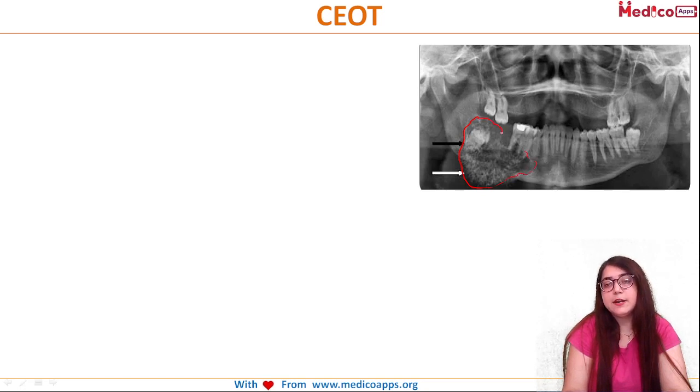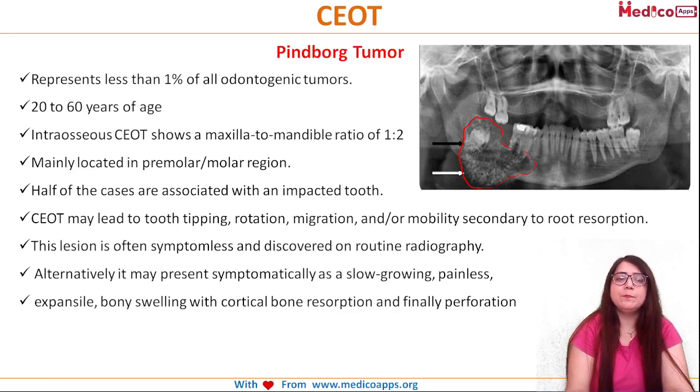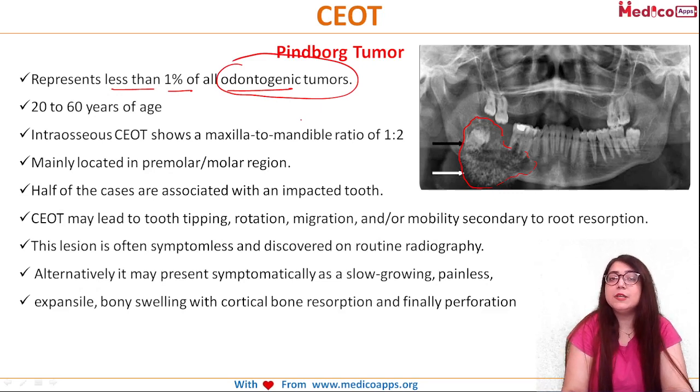Now let's see the radiographic characteristics of this tumor. First of all, it represents less than 1% of all the odontogenic tumors. So first and foremost thing is that it is an odontogenic tumor, that is arising from the tooth itself, or the mesenchyme of the tooth.